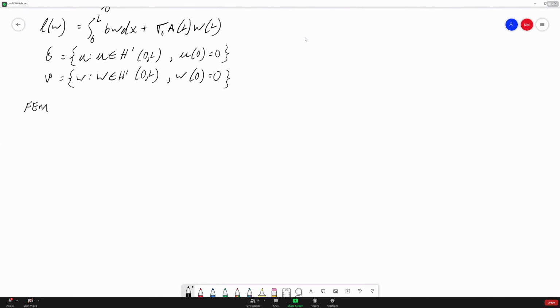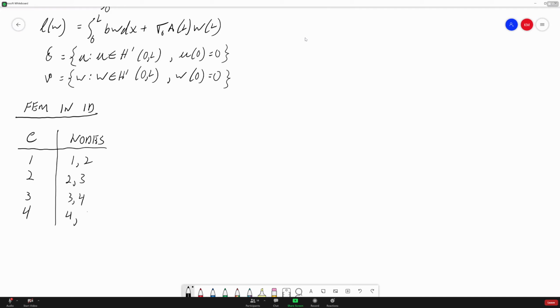And the finite element method in 1D, we have elements and we have nodes. I'm going to say that we have 4 elements. Element 1 is associated with nodes 1 and 2. Element 2 is associated with nodes 2 and 3, 3 and 4, 4 and 5.